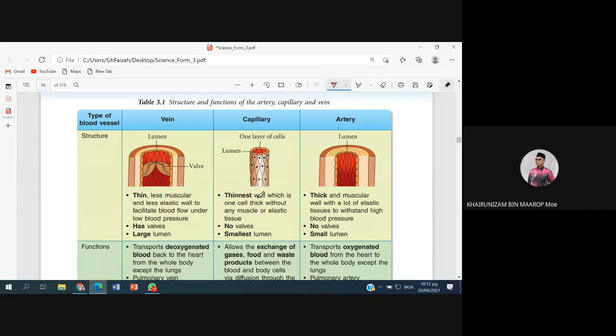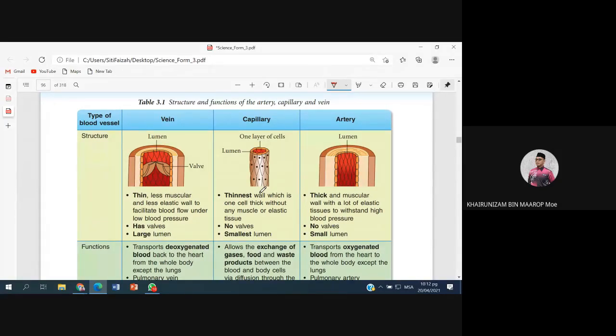What is the function of the thinnest wall? Because it is one cell thick, it allows absorption of gases and absorption of nutrients.